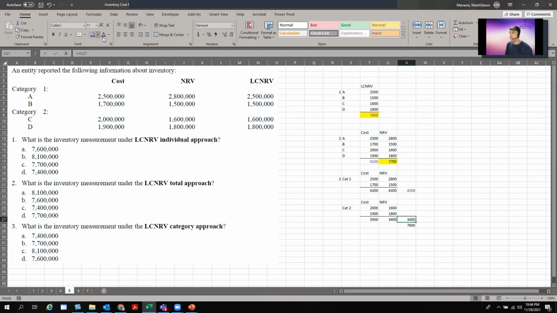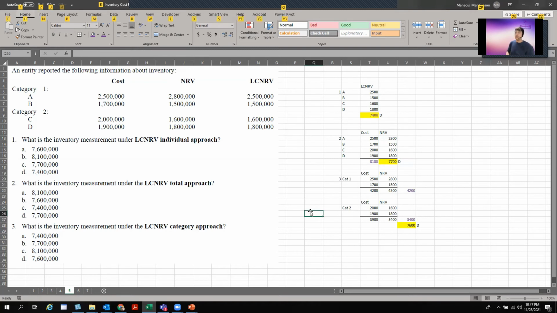Of course, class, we just have to get the sum of these two para ngayon makuha natin yung total inventory measurement under the LCNRV or the category approach naman. No? So that would be 7.6 million. So letter D, 7.7 million for number 2. So that's D again. And then 7.4 million D ulit, no, for requirement 1. So that's problem number 5.